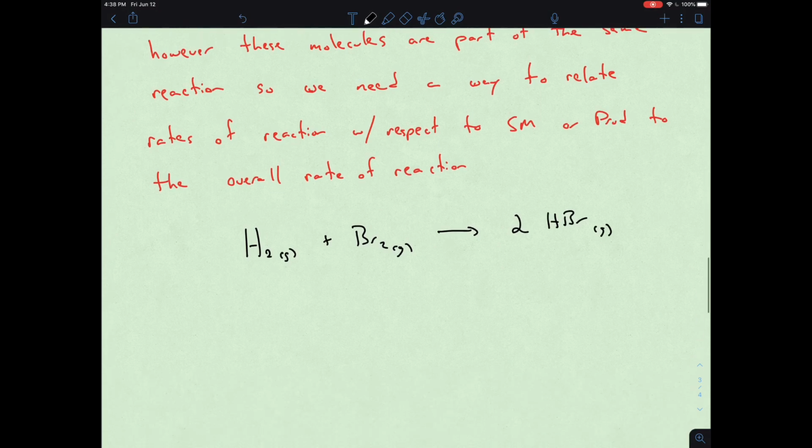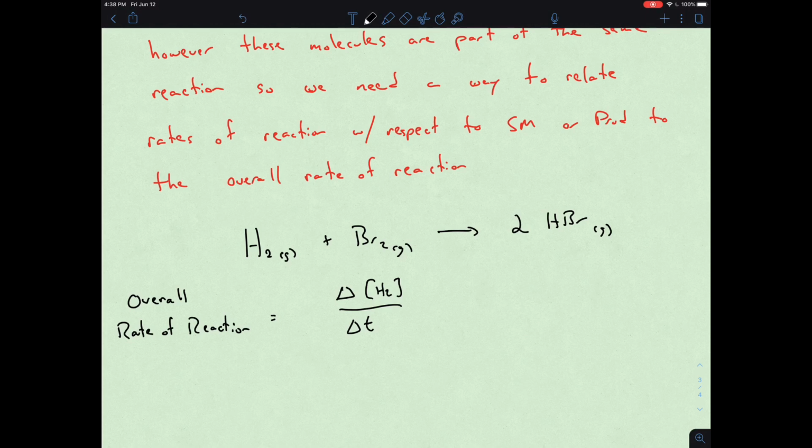there's a couple things that we need to do. So if we talk about just the overall rate of reaction, we could say that it is equal to the change in concentration of hydrogen over the change in time. But realize that we have a negative slope here.